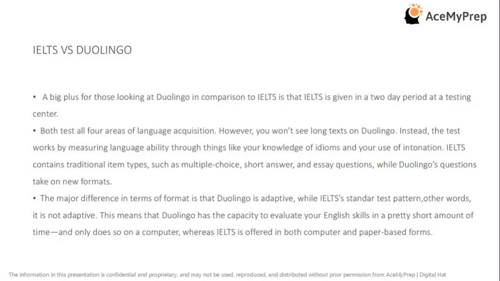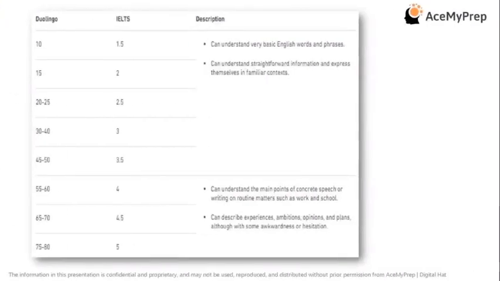The IELTS exam is not adaptive, and Duolingo has the capacity to evaluate your English skills in a pretty short amount of time, right? Other than this, IELTS is available in both computer and paper-based formats, but Duolingo is sitting back at your home and going about the test.